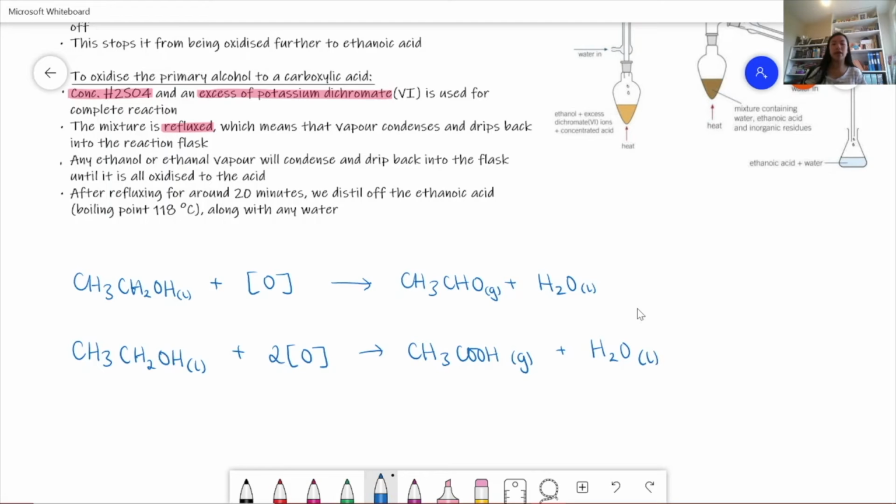And so a key takeaway is that when we use these kinds of equations with the square bracket O, we have to balance the equations as well, because we see that we have 3 oxygens on the left and we have 3 oxygens on the right. So it wouldn't work if we only had 1 square bracket O, because we need to balance the equation.